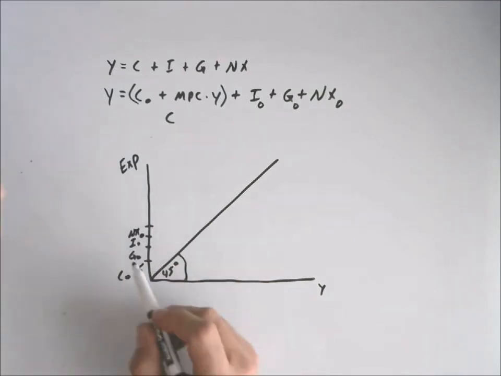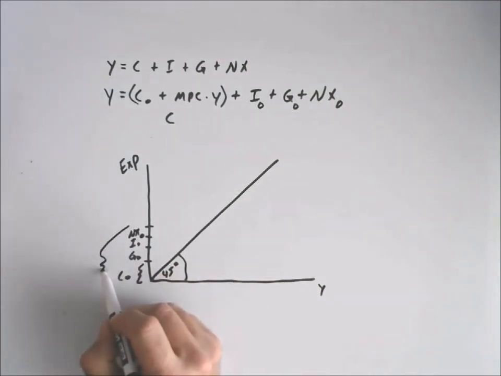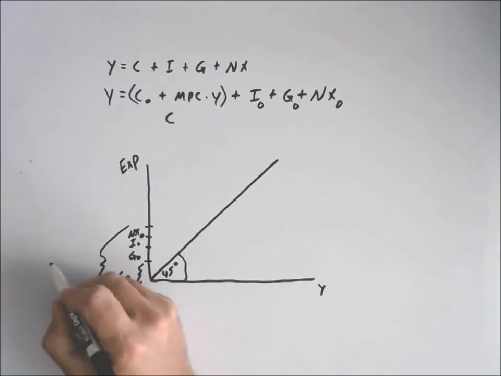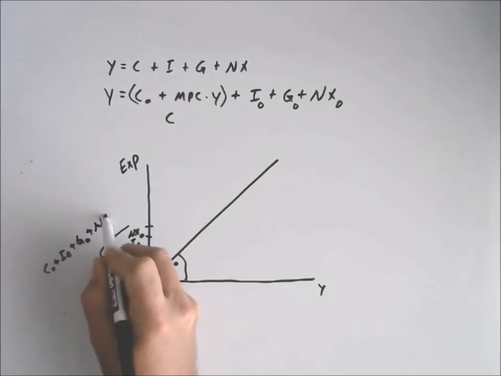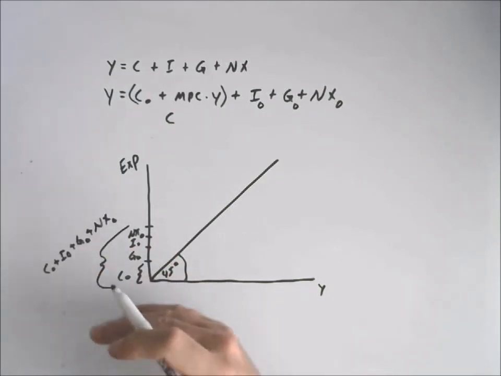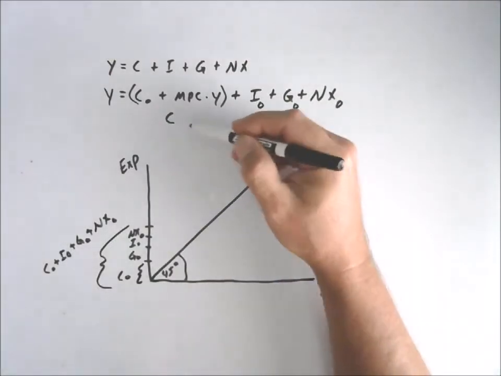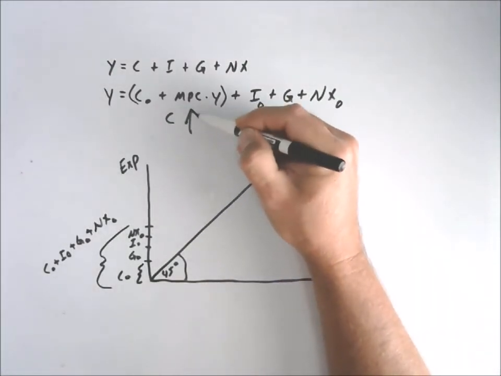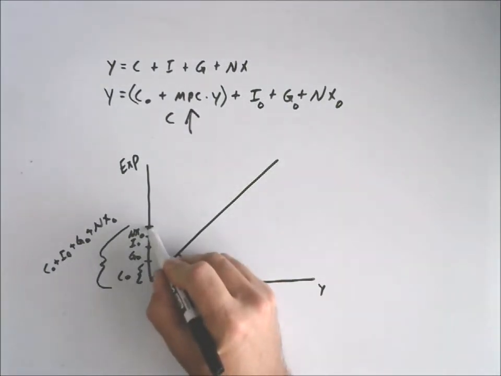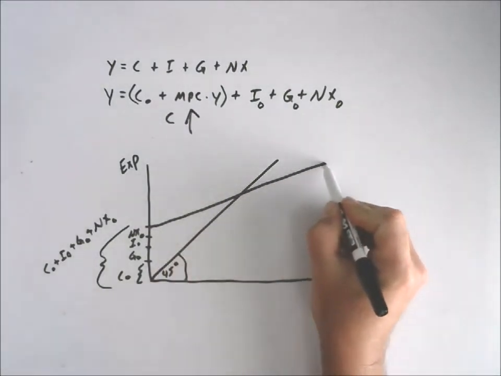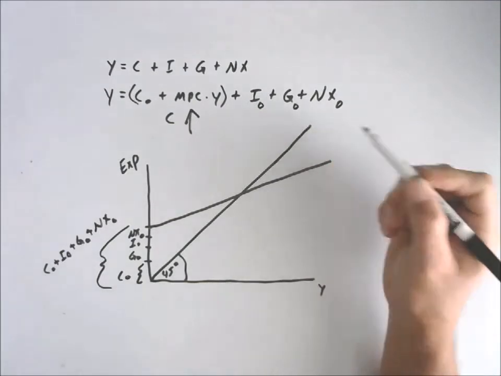All this distance right here would be C0 plus I0 plus G0 plus NX0. All we're doing is shifting the intercept up. The slope of the line is the same, because MPC is the slope of the line. So the slope is exactly the same as before. Let me extend this out.